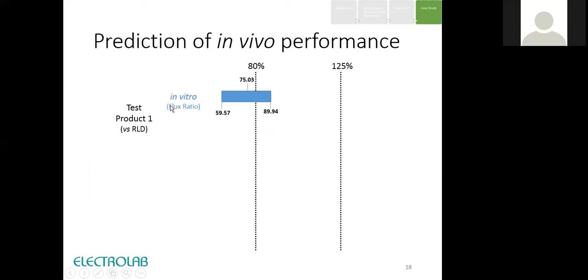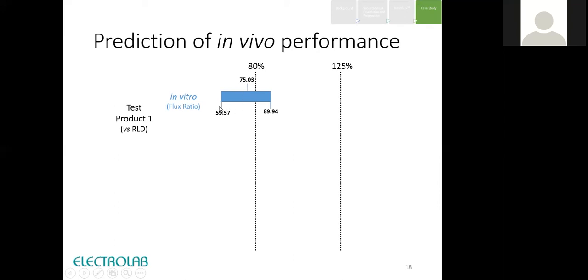For how the flux ratio was calculated, each test product was compared with the RLD. Here, the flux ratio was calculated from test product 1 in comparison to RLD, and a mean flux ratio of 75.03% was obtained, which lies slightly below the acceptable limit of 80%.